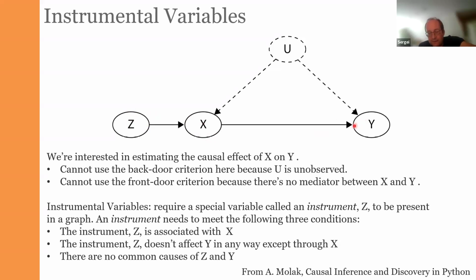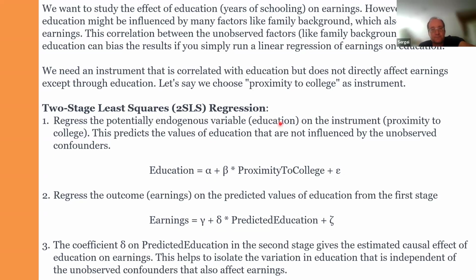Turns out that in these cases we can actually use causal discovery to find out the relationship between X and Y. This is an example of instrumental variable analysis. Imagine that we want to figure out the relationship between how much time we spend on education and income.